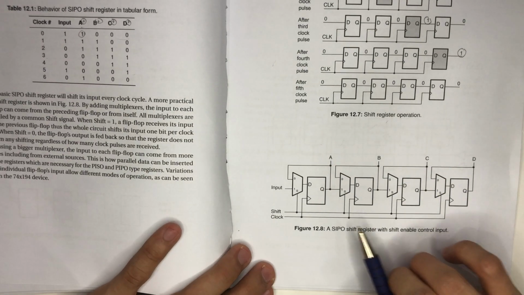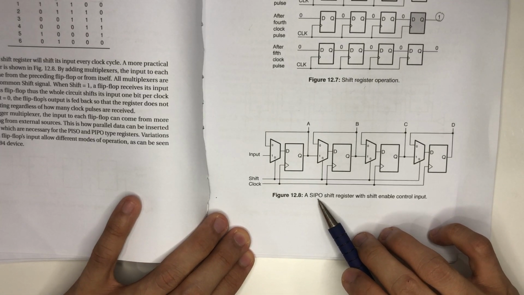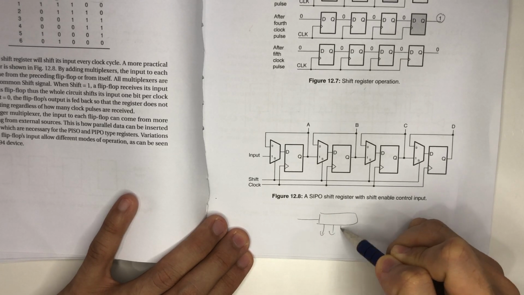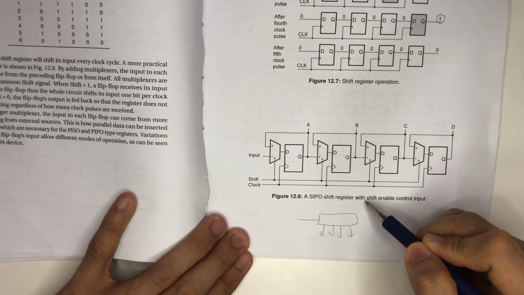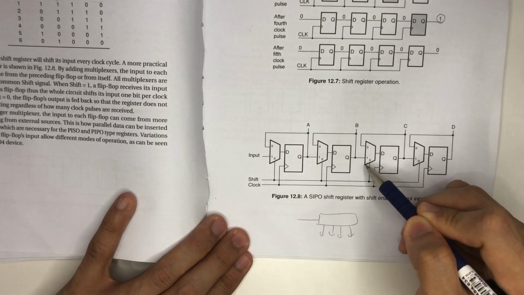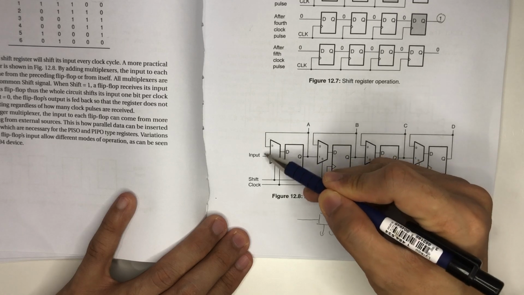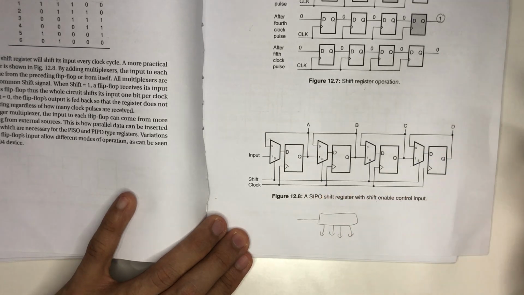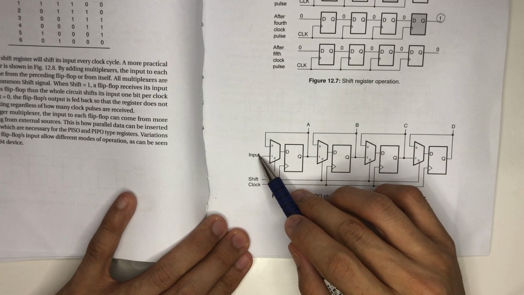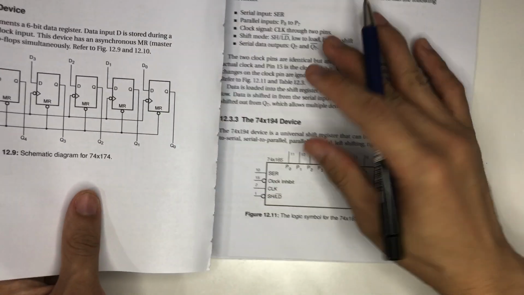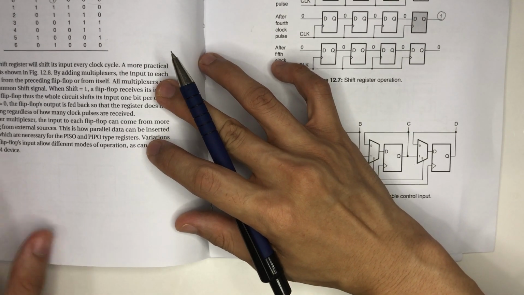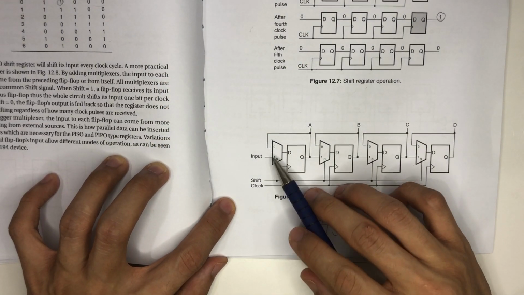Now figure 12.8, a SIPO, serial in, parallel out, with shift enable control input. You see you have a shift enable control input. So what is this? If you remember, what is this thing? If you are able to guess. So this is a multiplexer, am I correct?